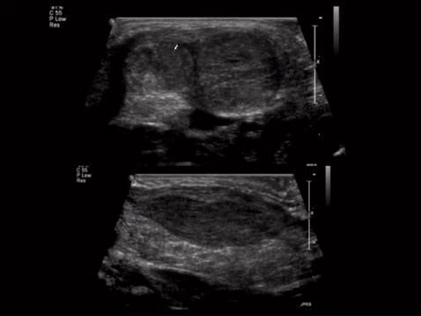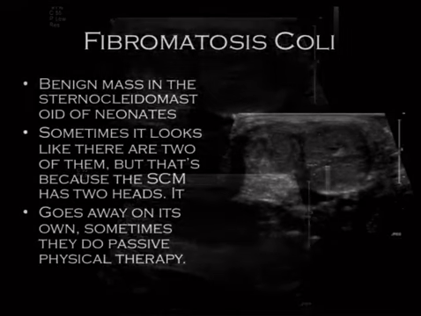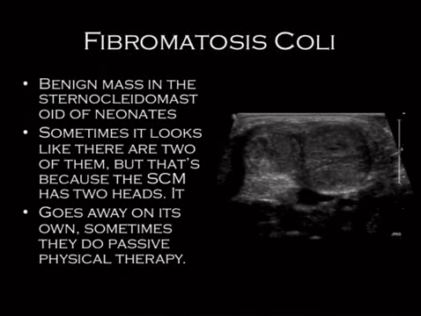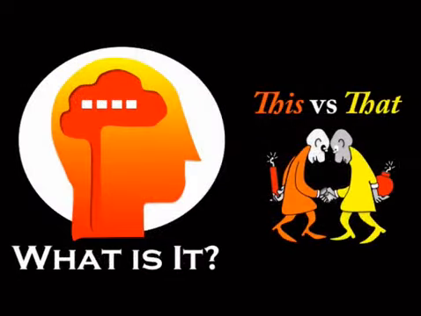Looks like one here, but when you turn on it, looks like two. That's because there are two heads of the sternocleidomastoid. So this is fibromatosis coli. It's just a benign mass of the sternocleidomastoid in neonates. Classically shown as 2 and 1 like that. It'll go away with physical therapy, doesn't require surgery or anything crazy like that.